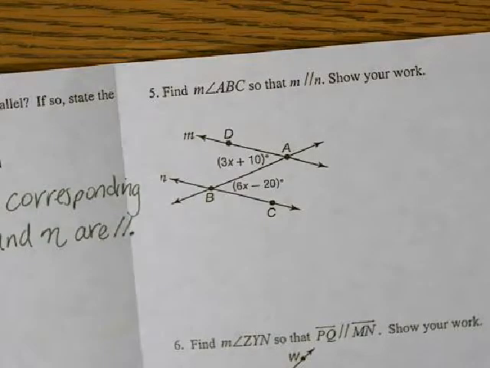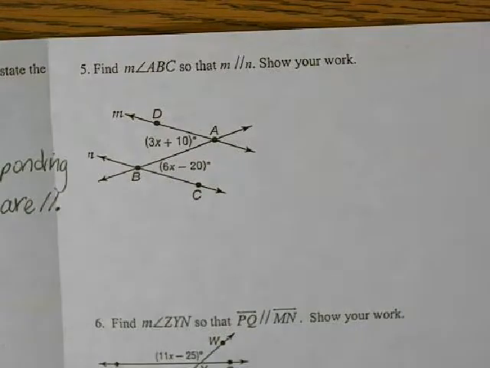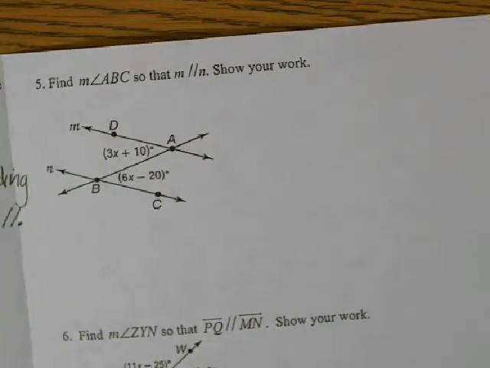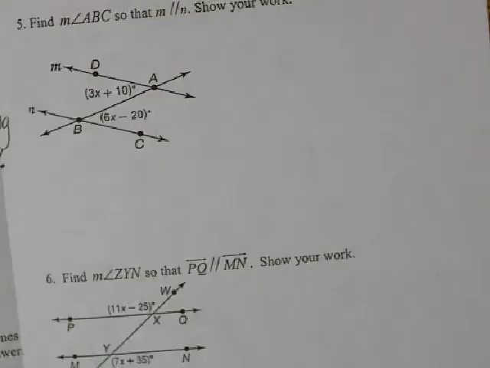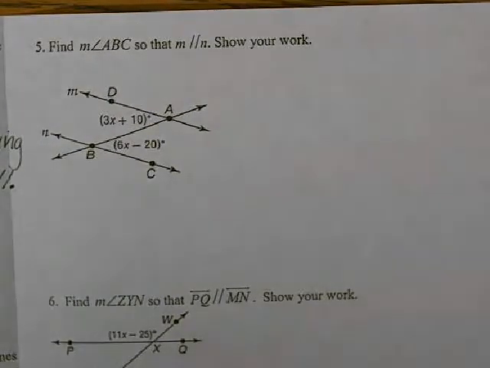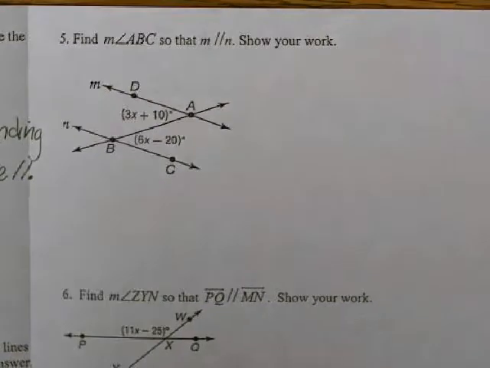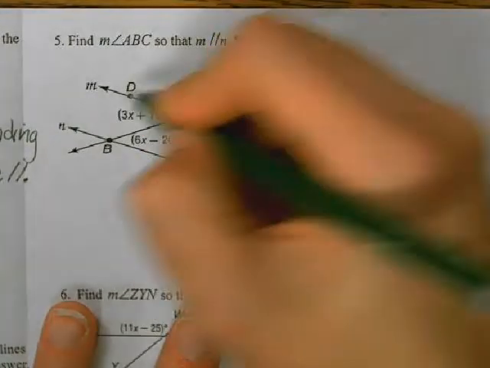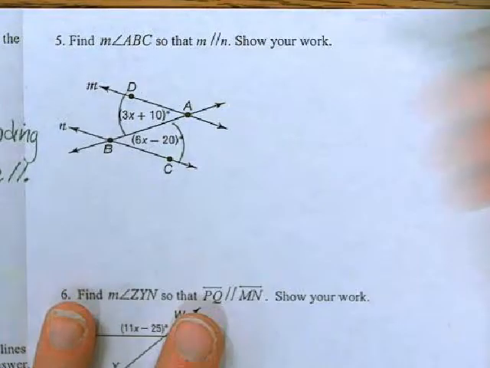Okay, so 5 and 6 and 7 are essentially finding the value of x so that we have parallel lines. In order to make them parallel, we've got to make sure they follow those specific rules. So if you look, we've got this angle here and this angle here.